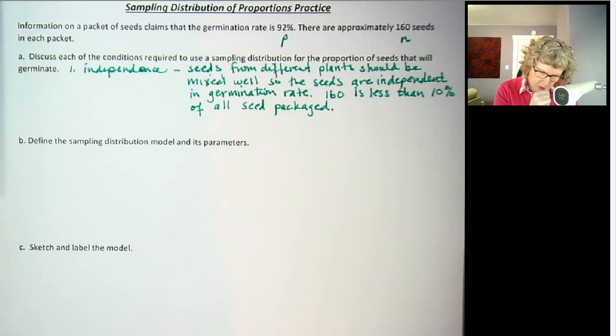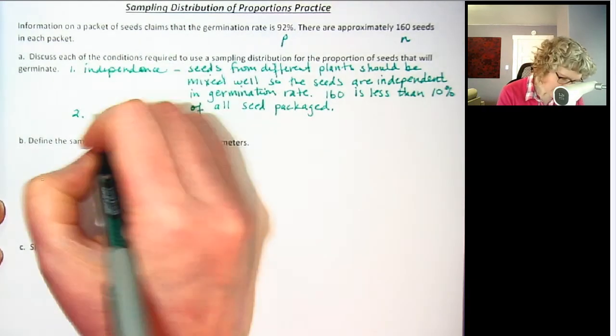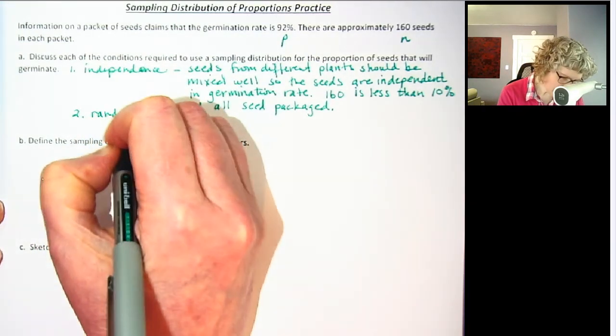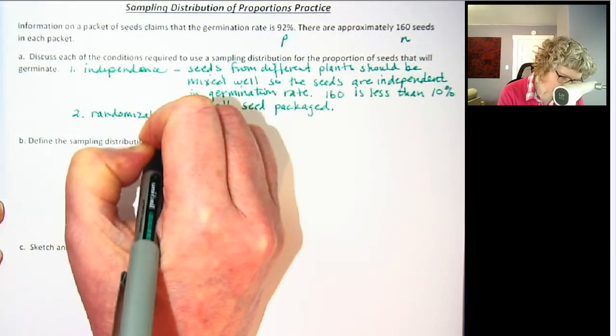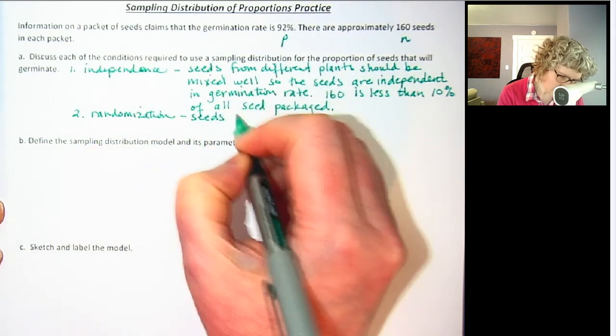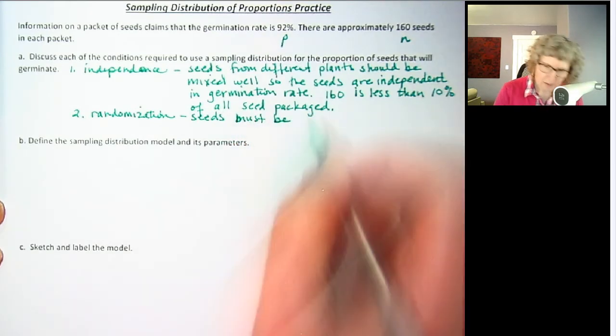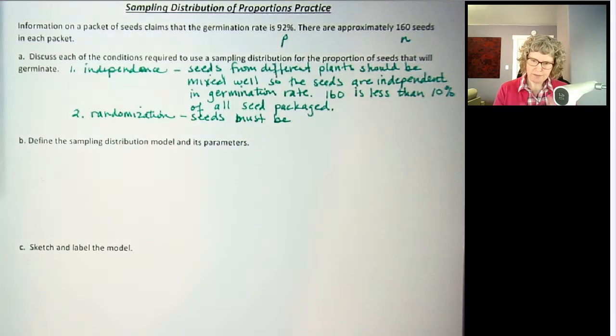Okay, so 2 is, remember what it is? Randomization. Okay, so the seeds must be, again, it kind of means they should be mixed up really well, right?